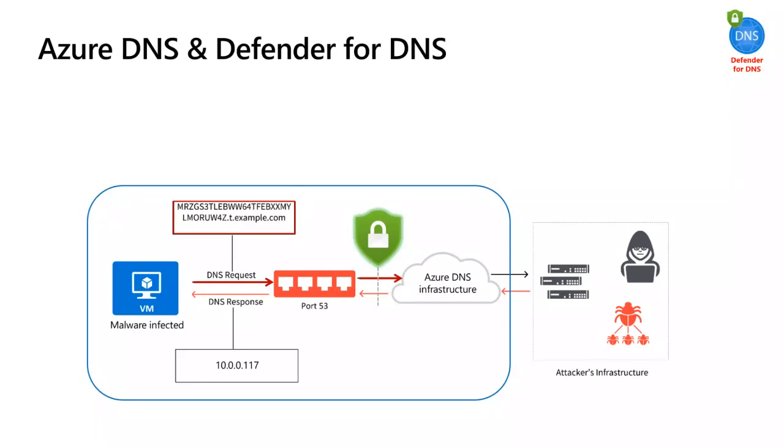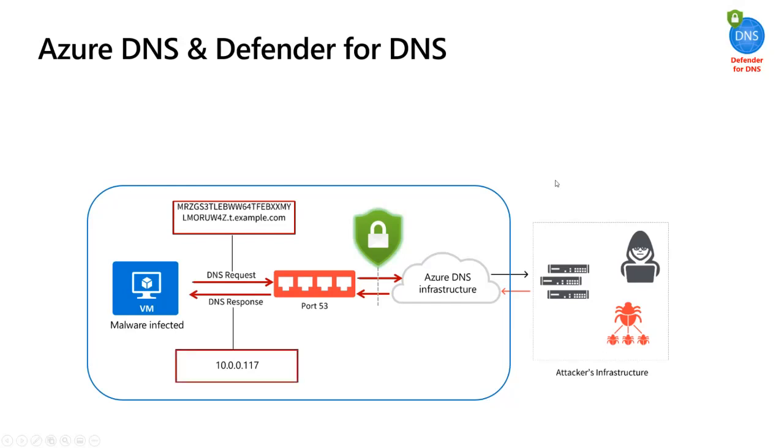In our example, we have a malware-infected virtual machine, and this malware is trying to connect to its command and control server. It's going to do that by using a DNS request to figure out the IP address of the command and control server. Azure DNS will receive the request and then send the response back with the specific IP address of the command and control server.